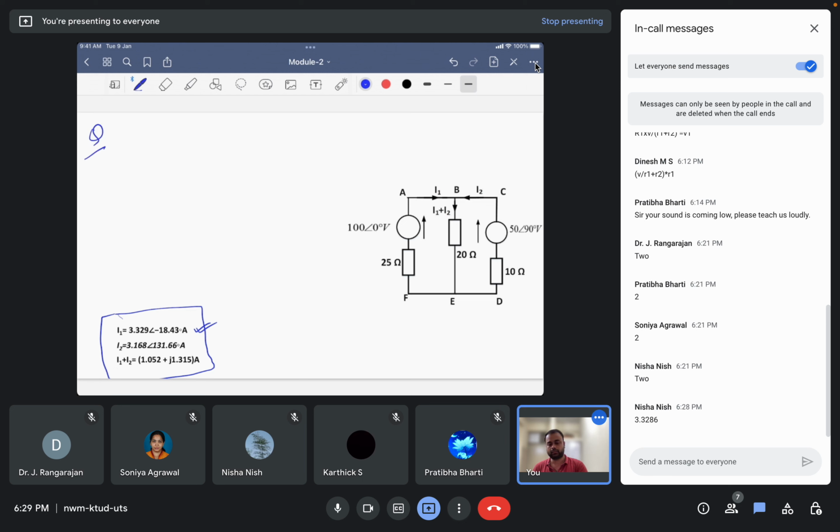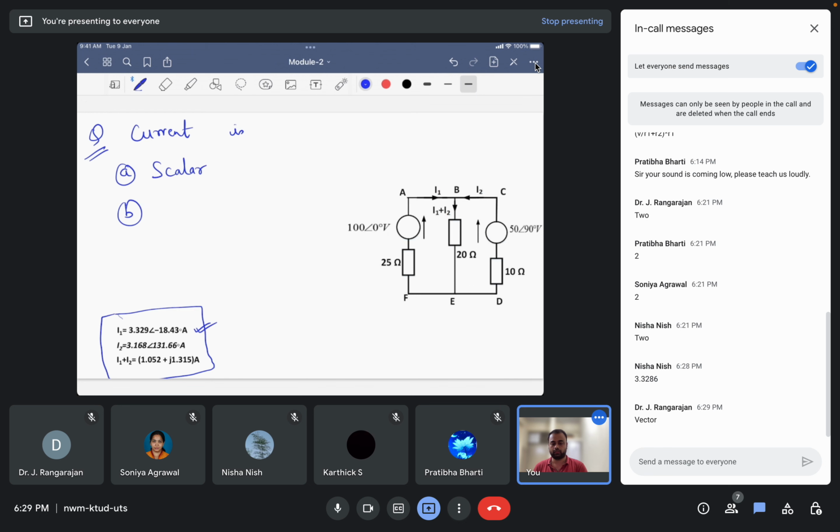So the question is, current is A, scalar, or B, vector? I am asking about current. Do not confuse current with current density. I am asking about current, which is measured in amperes. So please write down your answer whether current is a scalar quantity or a vector quantity.